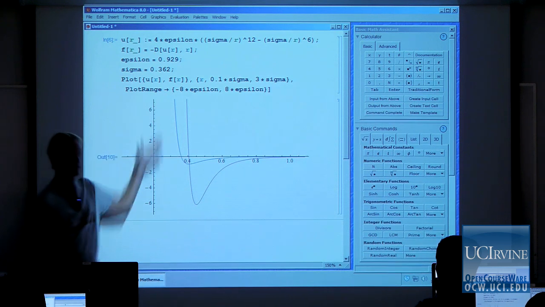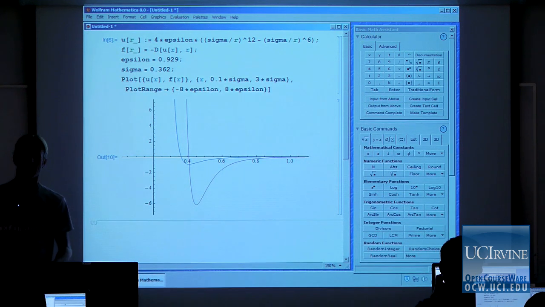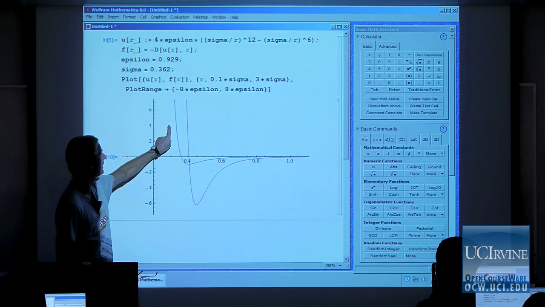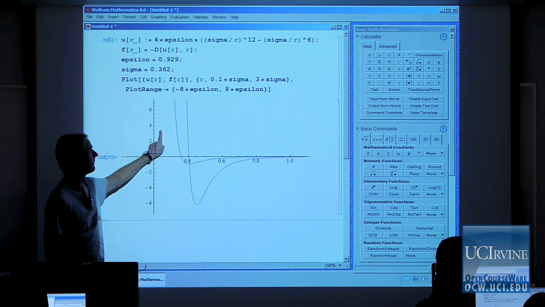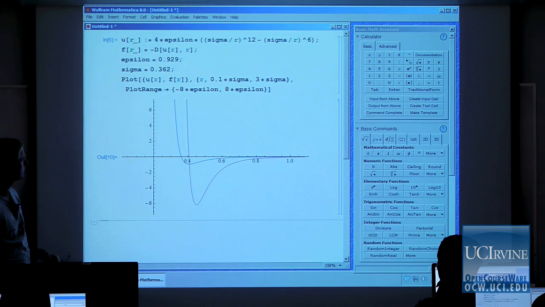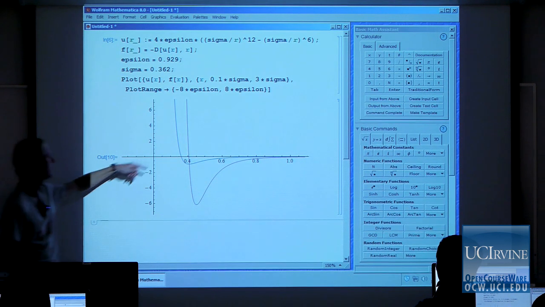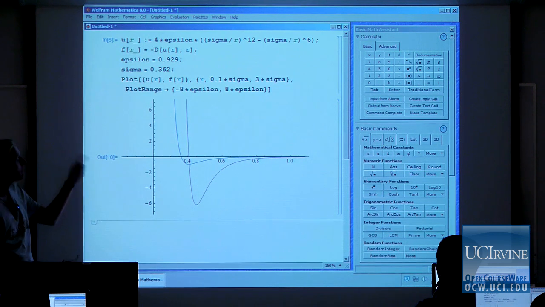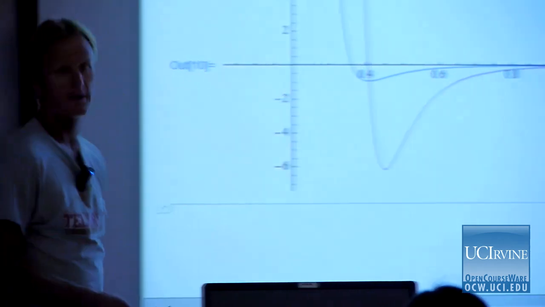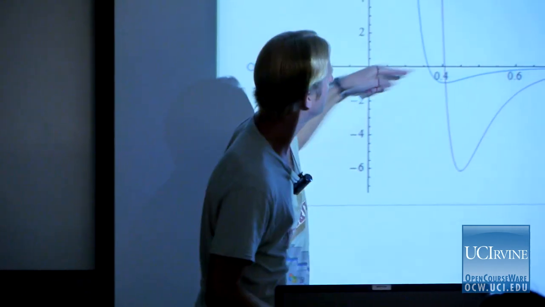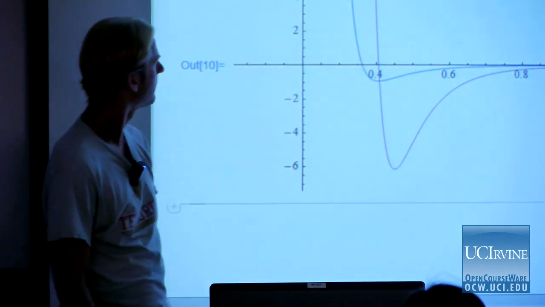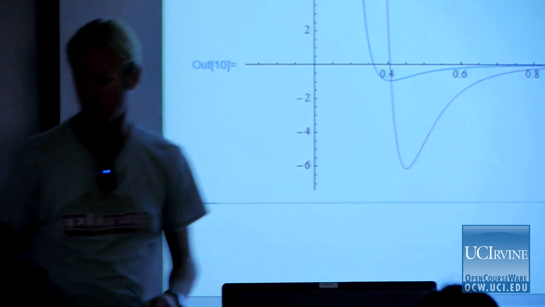Correspondingly then, the force, which is the slope of that curve, increases very rapidly. And the sign is correct also, because the slope on this side of the minimum is negative, but we're plotting minus the slope, so we have a number that's becoming more and more positive after we pass through the minimum. And as soon as we pass through the minimum in that direction, minus the slope goes negative. Okay, so it makes sense.